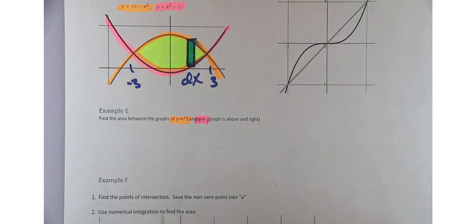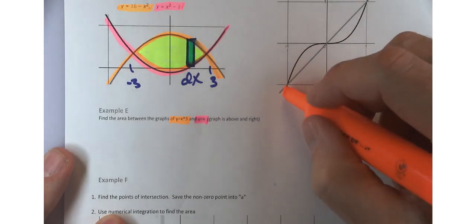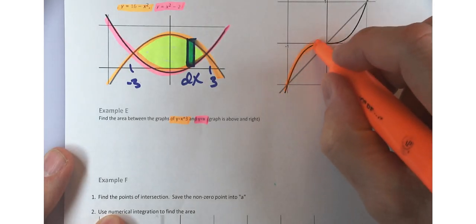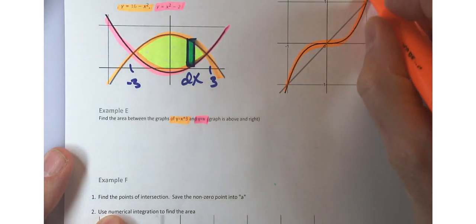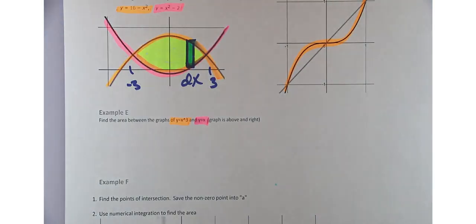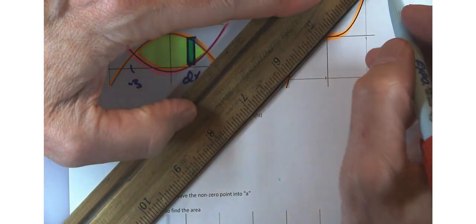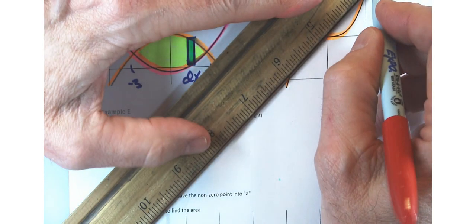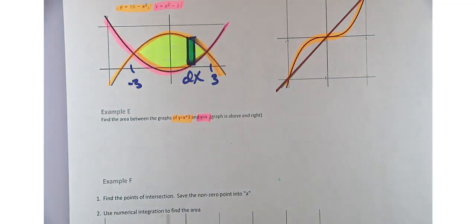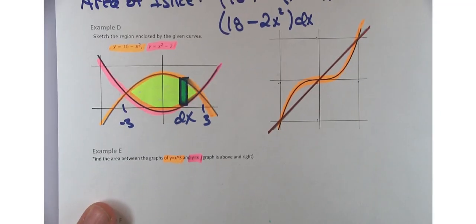So y equals x cubed, clearly that's going to be the curve with a little more shape to it. Then I've got my other curve, which is simply y equals x. That's going to bisect the first and third quadrants. So that one right there. I want to find the area between these two curves.